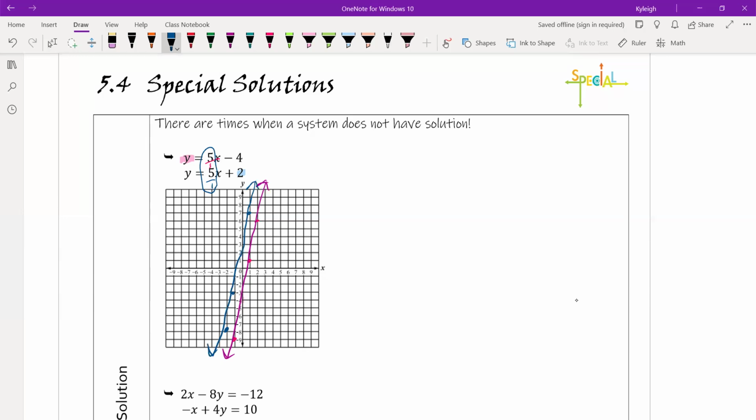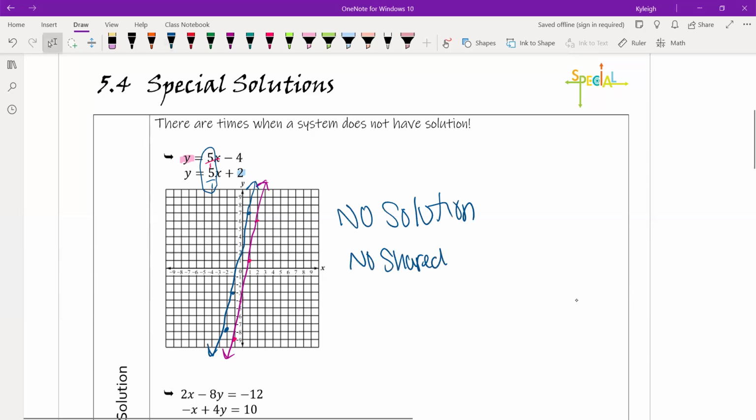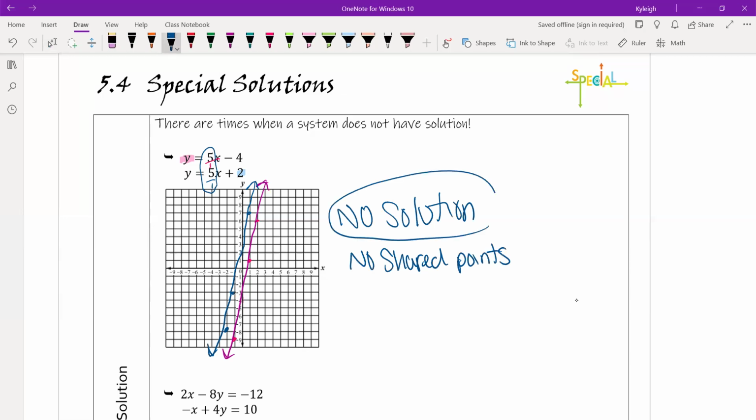So in this case, when the graphs never cross, my answer is no solution. You might see it as no shared points on Get More Math. It's really no solution when we draw the circle with the line through it, but on Get More Math, it'll say no shared points.